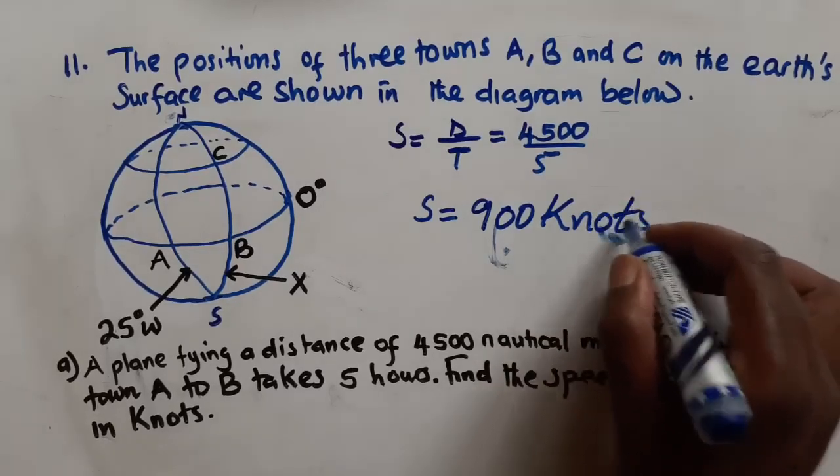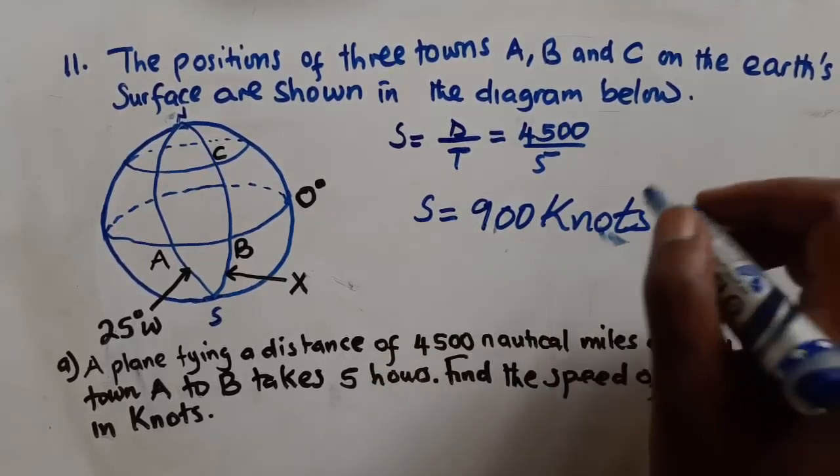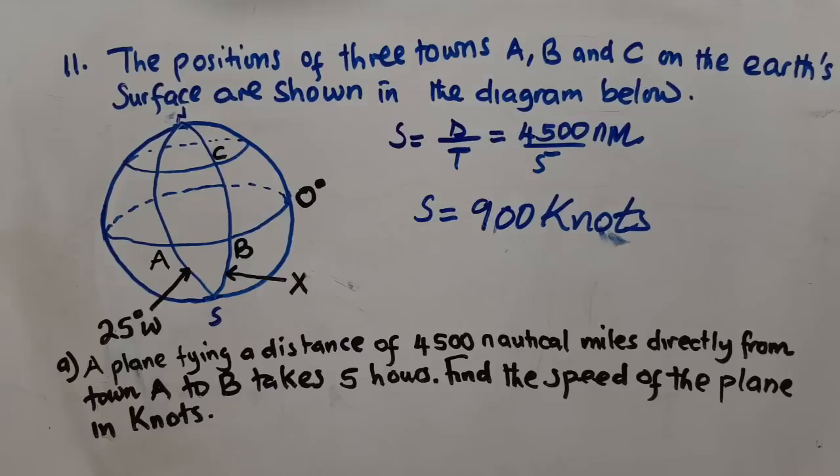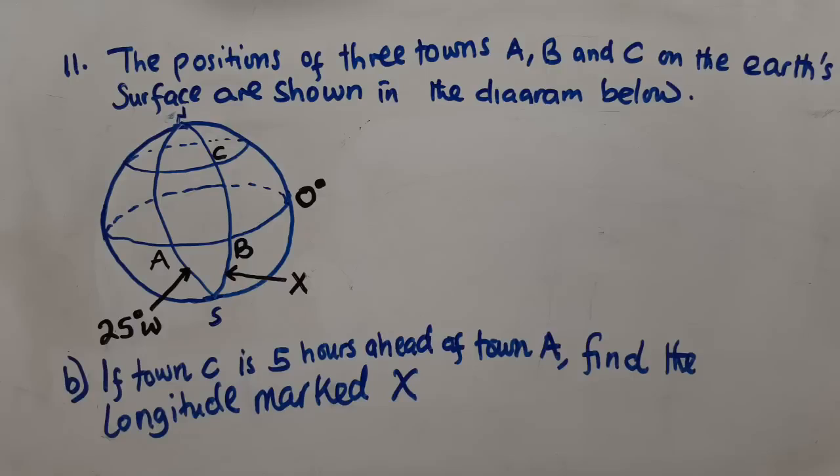100 knots. Knots in the sense that this is in nautical miles. Alright? So basically this is what we are going to get. So we go to question B of 11.